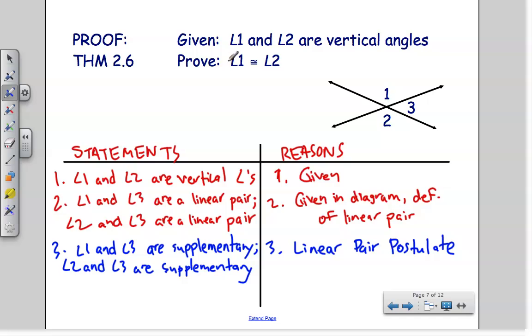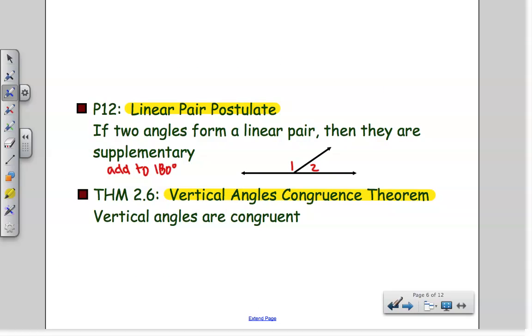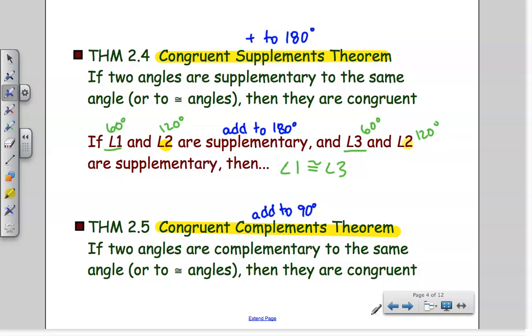Now the question is, can I say that angles 1 and 2 are congruent? Look at this. 1 and 2 are both supplementary with angle 3. Now we just had a theorem that said if two angles are supplementary to the same angle, then they are congruent.